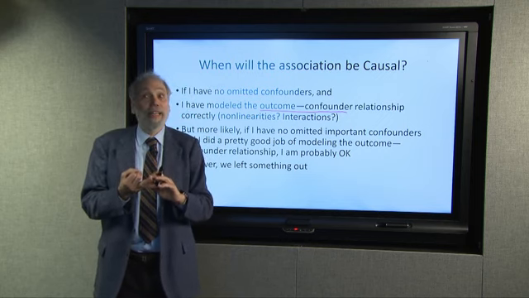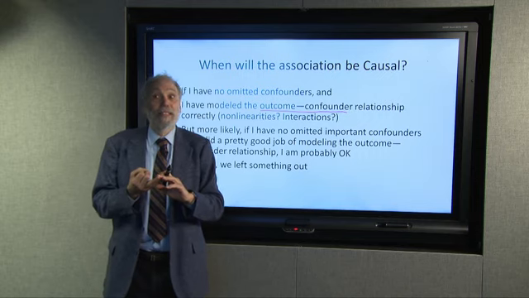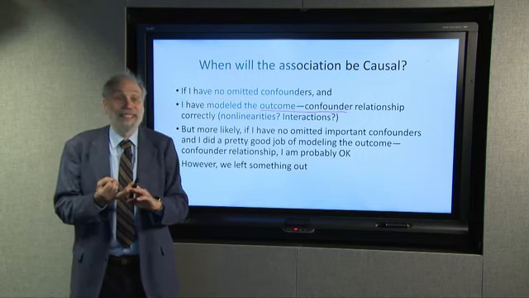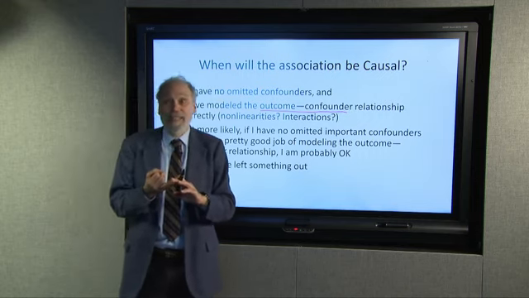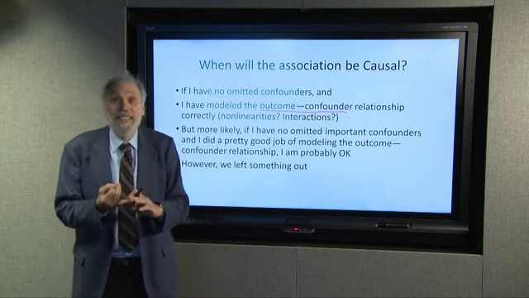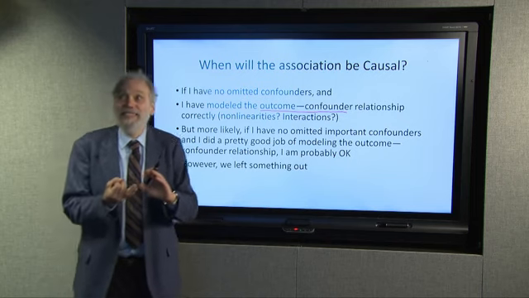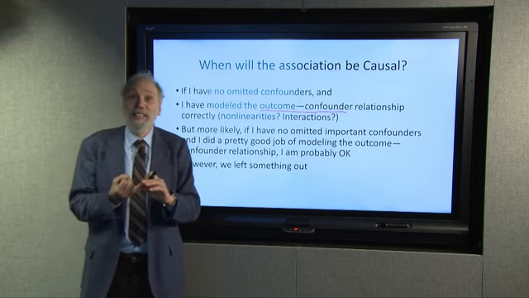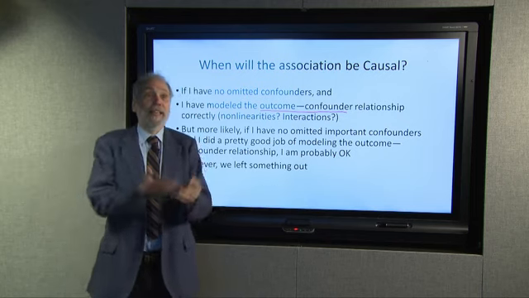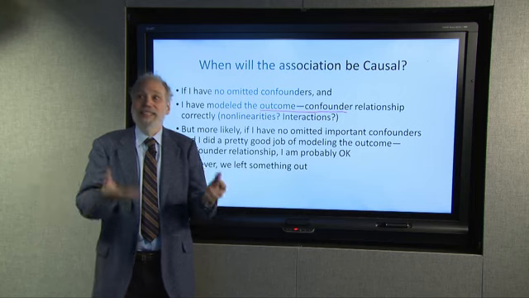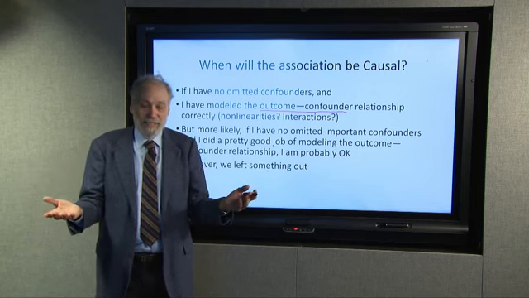So I model it correctly. That means, yeah, I may have measured the confounder, but if I put it in as linear and it's not, I could still be confounded. If I omit an interaction, I could still have confounding. But if I've modeled it correctly and I have no omitted confounders, the association in a standard outcome regression should be causal.